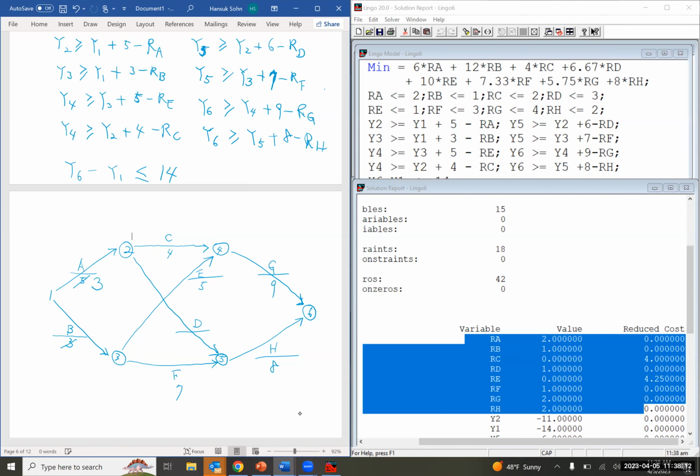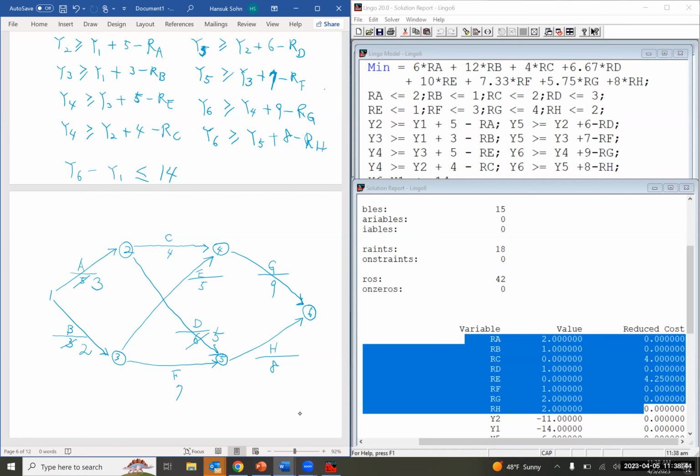So it's going to be 2. And then C remains the same. D will be reduced by 1 week. How much was that? It was 6. And then 6 minus 1 going to be 5.